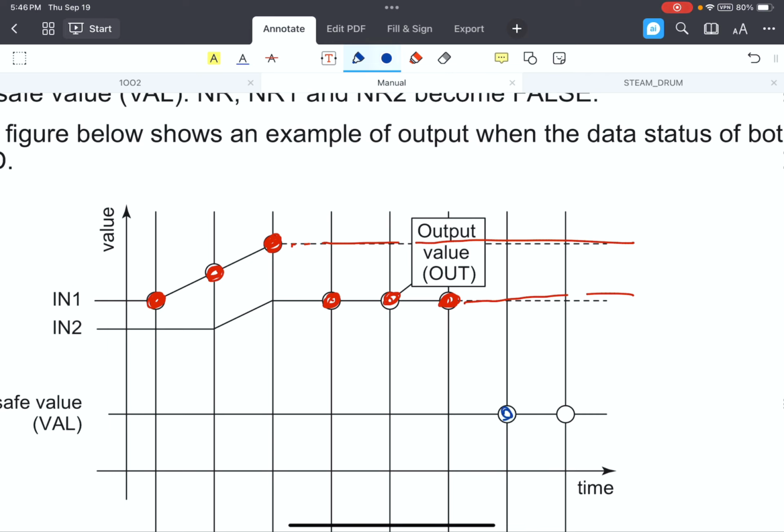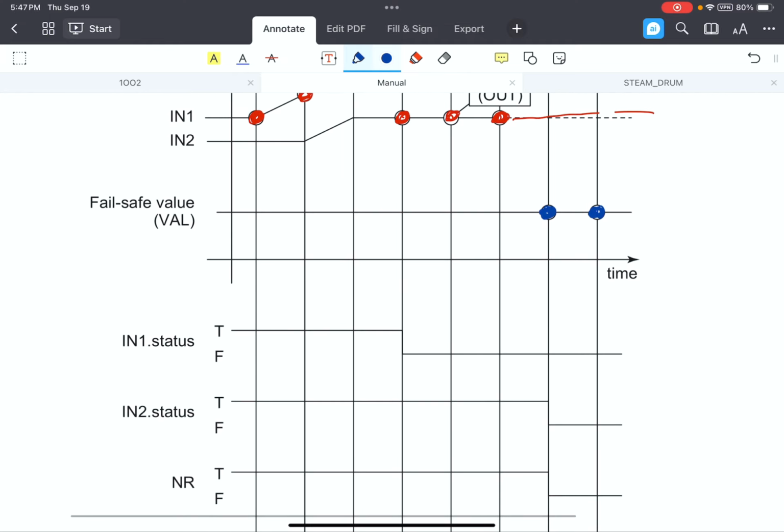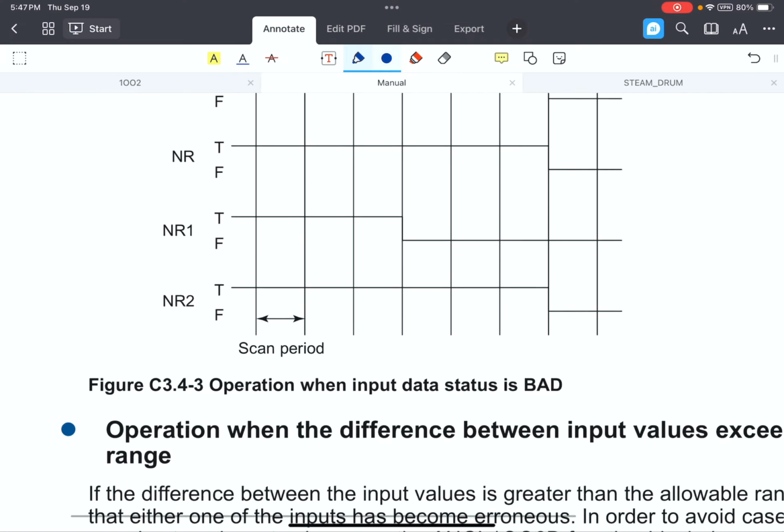This is the failsafe value. We report the failsafe value as the output, and that will be a shutdown. So when we report the failsafe, there's possibility of a shutdown.